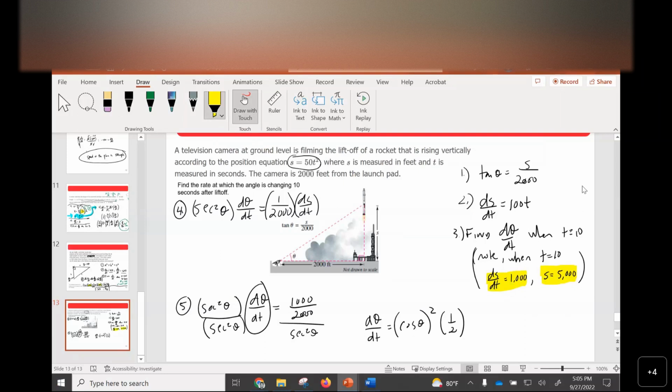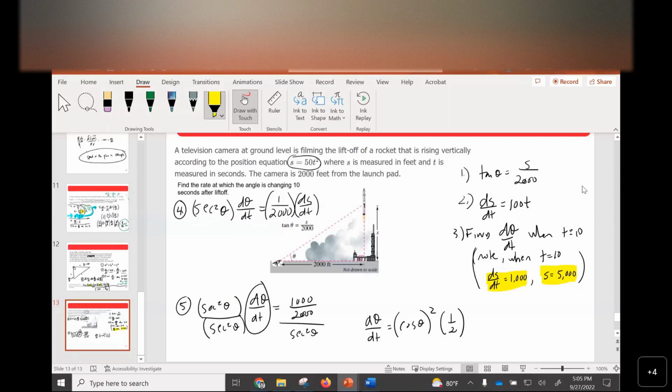Here's that trick, that extra step that always seems to lurk in one of these problems. When t is 10, s is 5,000, even though s doesn't show up in my equation after I take the derivative. ds dt shows up in my equation when I take the derivative. That should be 1,000 when I plug in t.